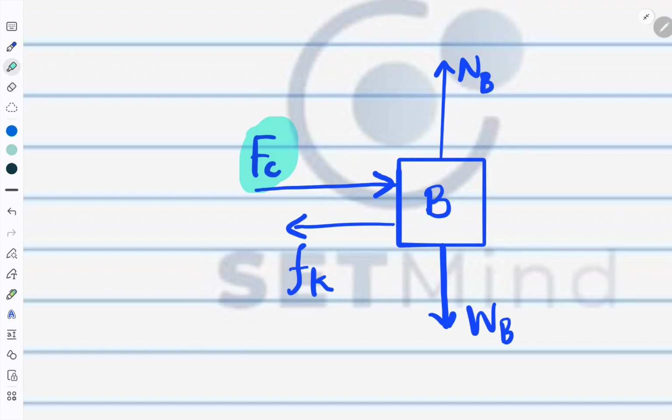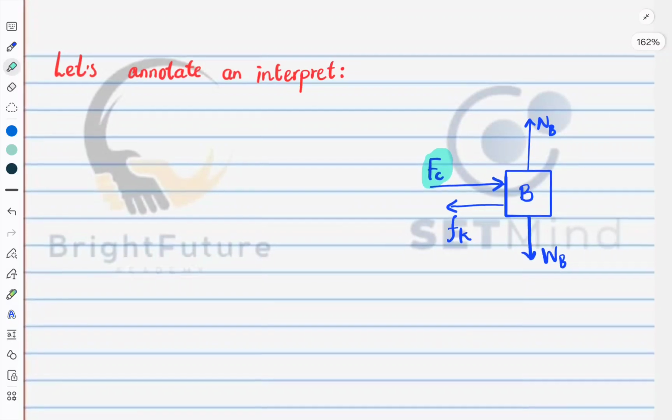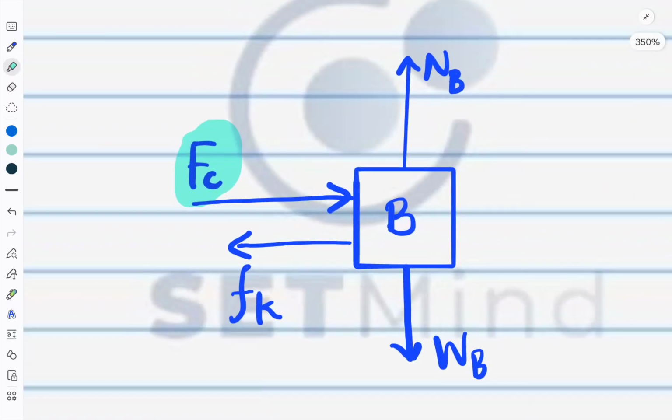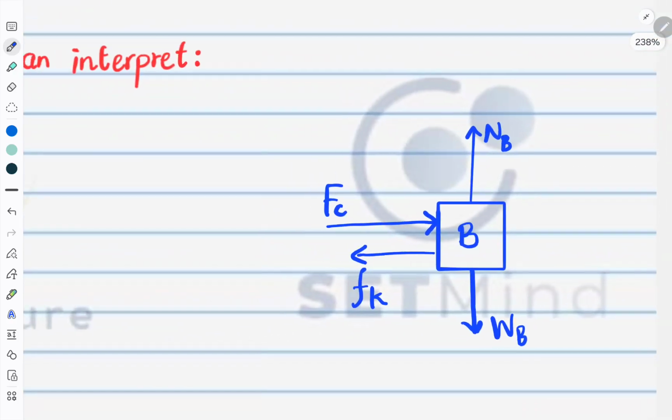This is the contact force I was telling you about. In this case, it's going towards B because it's the contact force exerted by block A on block B. So I'll call it FC, just means F contact in our case. All right, so it'll be exerted on block B by block A.